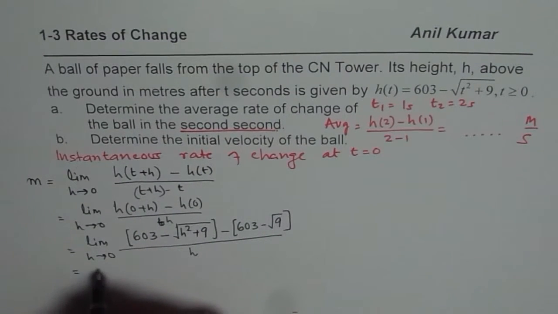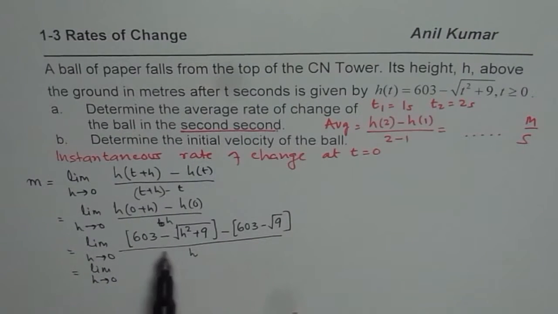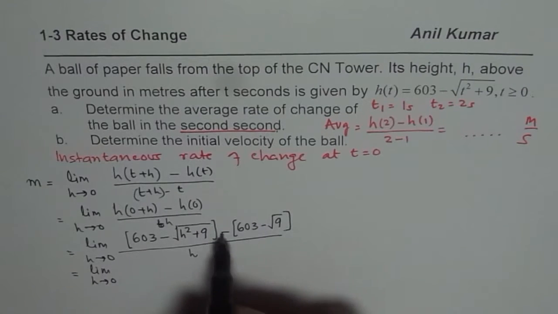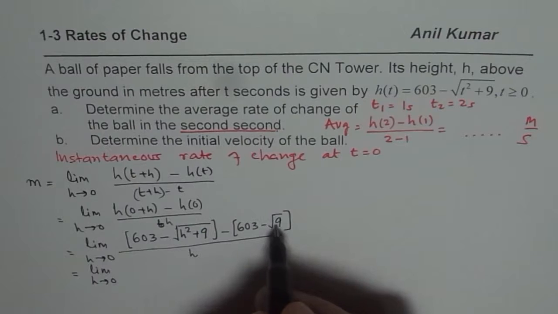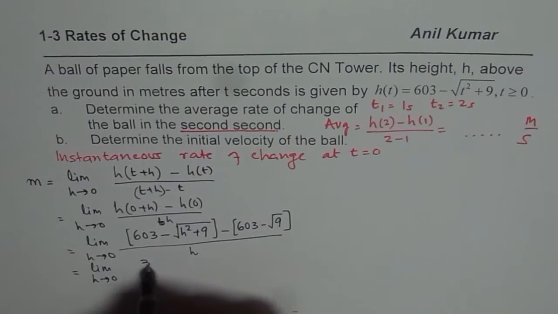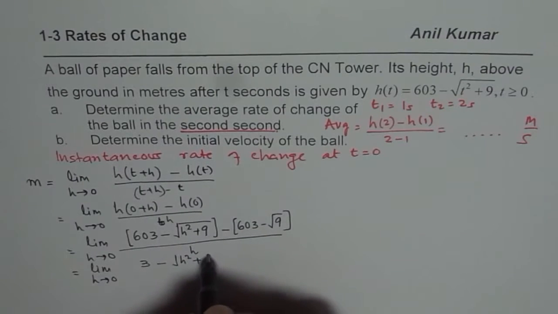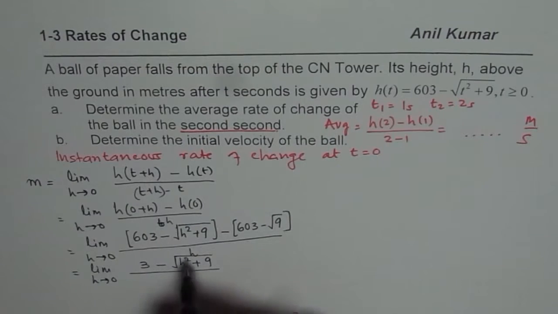Now let's simplify it further. We have the limit as h approaches 0. Let's open this up: 603 minus 603 is indeed 0. We have a minus sign, and minus minus becomes plus for us. The square root of 9 is 3, so we write (3 - √(h² + 9)) divided by h.